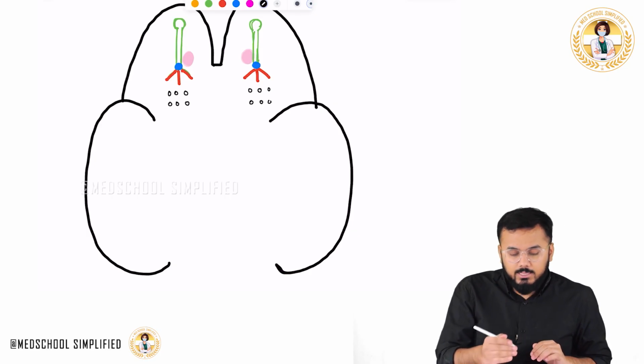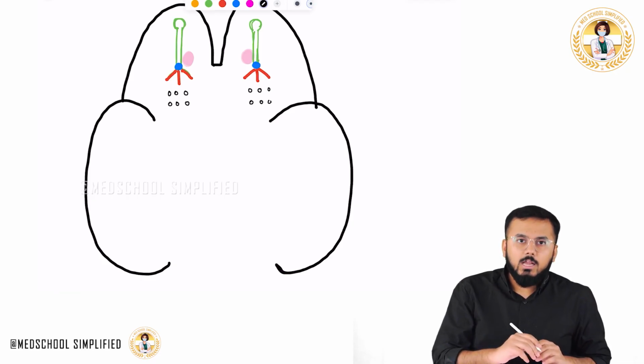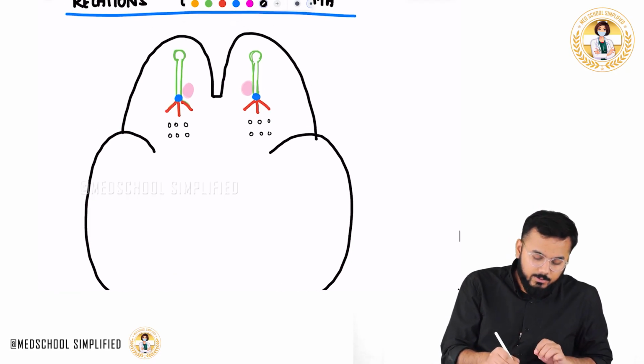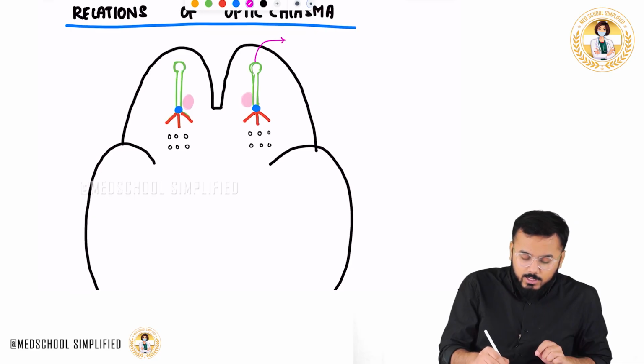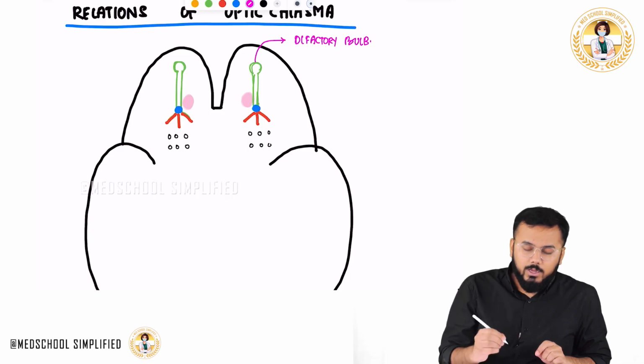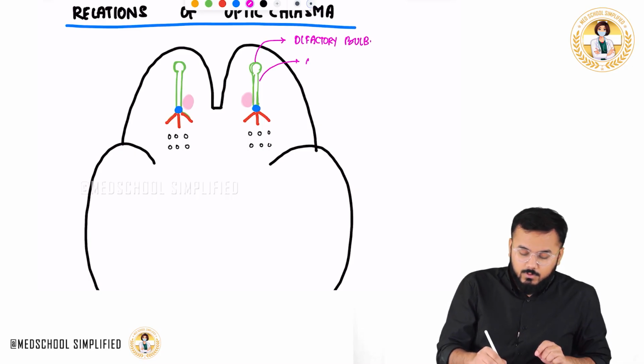Here are some of the structures which you have. Let us finish writing these structures and then we shall discuss other structures. This part over here is your olfactory bulb. Behind this olfactory bulb, this one over here is your olfactory tract.